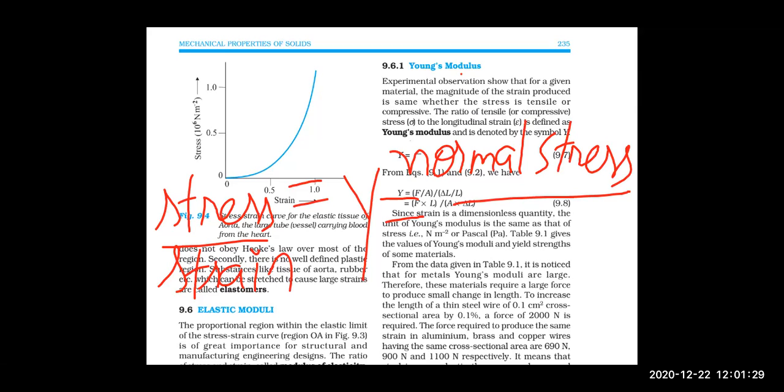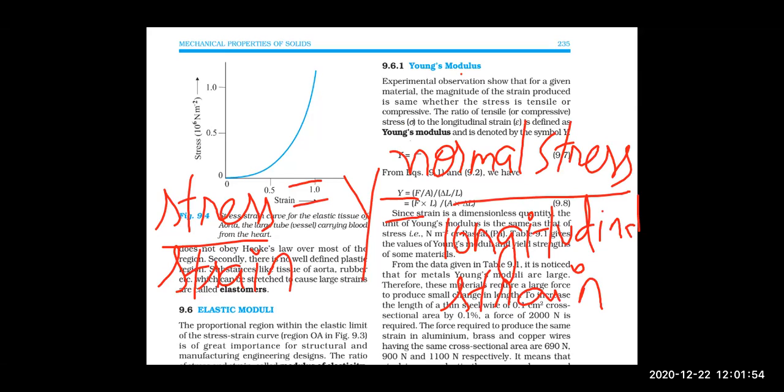And the strain that is produced is along its length, there is change in its length because of the deforming force. So the strain type is longitudinal strain. So your Young's modulus is defined as the ratio of normal stress to longitudinal strain.